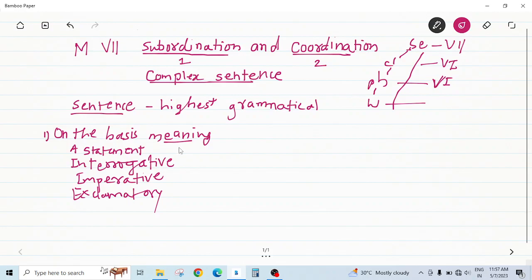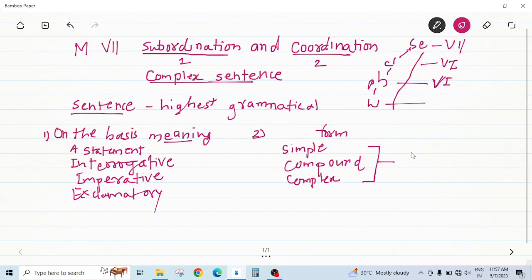There is another way to classify sentences, and it is based on the form of the sentence. So you have simple sentence, you have compound sentence, and you have complex sentence. So in your traditional grammar, you have learned that a sentence is divided into three types, that is whether it is simple, compound, or complex.